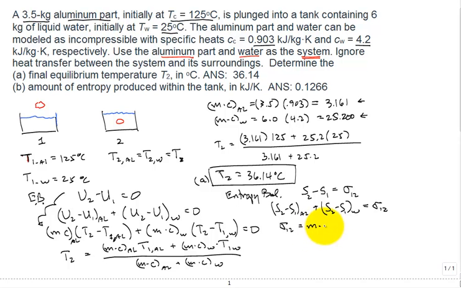So it's the mass times the specific heat times the natural log of the final temperature divided by the initial temperature of the aluminum, plus the mass times the specific heat of the water times the natural log of the final temperature of the water divided by the initial temperature of the water.